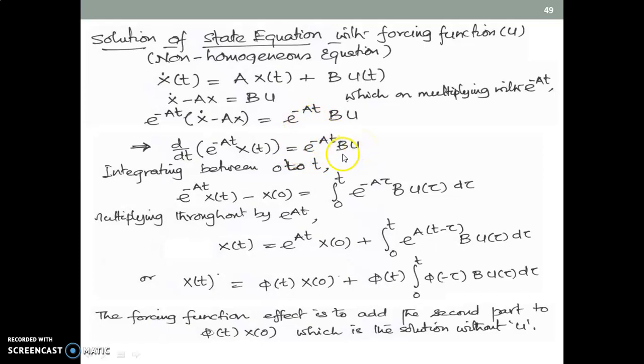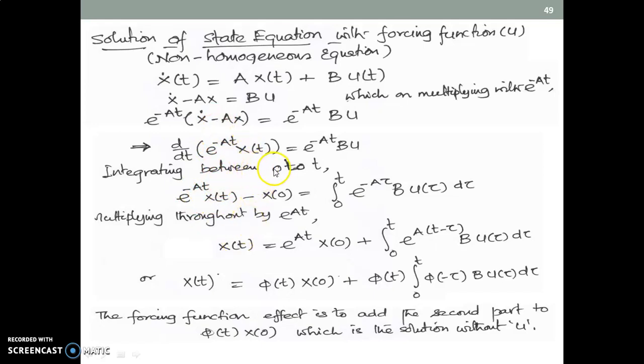Okay. Now integrating both terms, that is the left and right hand side terms, between the interval 0 to t. Now the integration of the derivative of this one. What will you get, integration and derivative? These two cancel out. The terms you will get here are e power minus At into x of t from 0 to t.